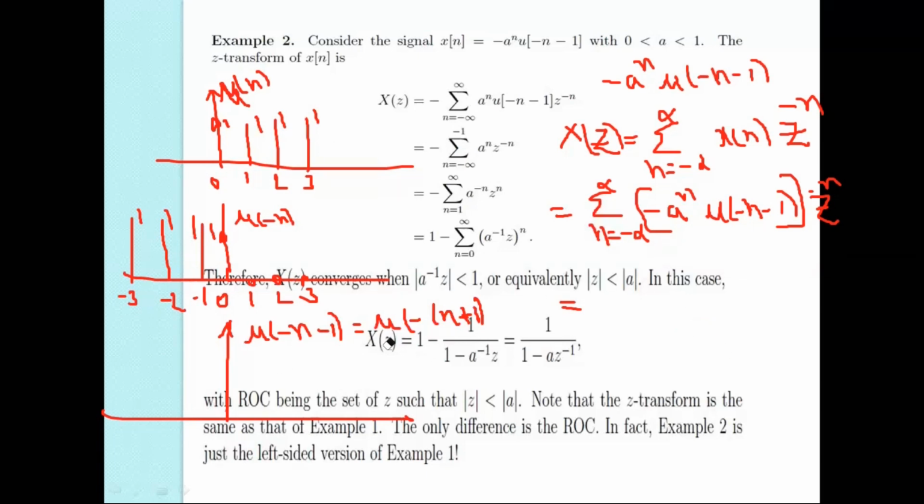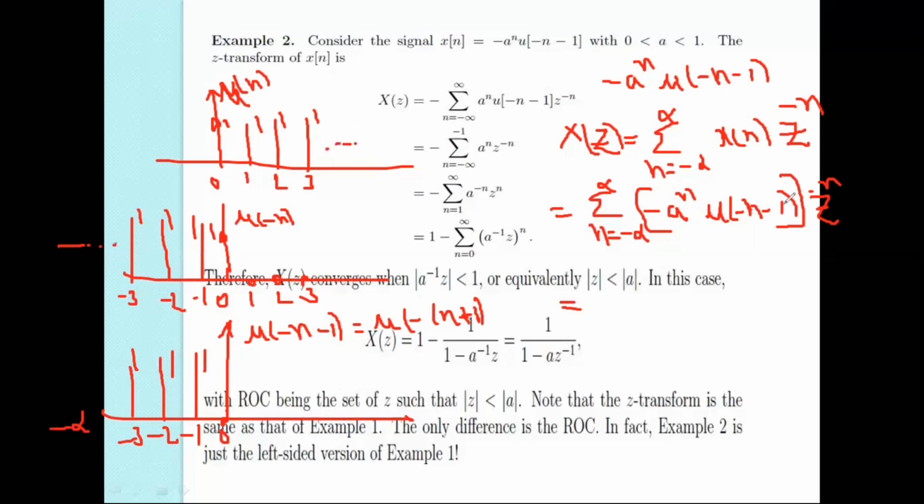Or you can use this, mu of minus of n plus 1. Plus you can remember is an advanced function towards the left side, but for the folded function, it is one sample towards the left side. So 0 is now 0, and it starts from minus 1 with value 1, minus 2 is 1, minus 3 is 1, and so on, from minus infinity.